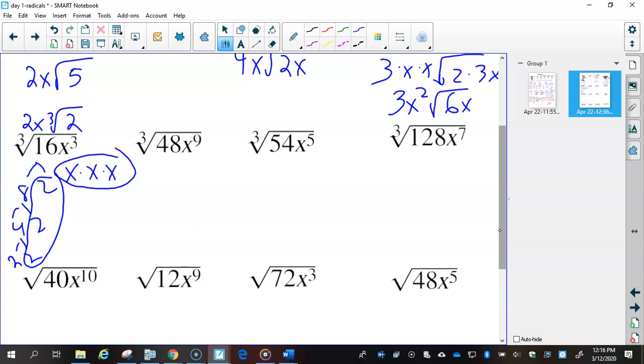For this one, the cube root of 128 x to the 7th, give me 2 factors of 128. 2 and 4. 2 and 4 is 8. 64 and 2. I was so close.